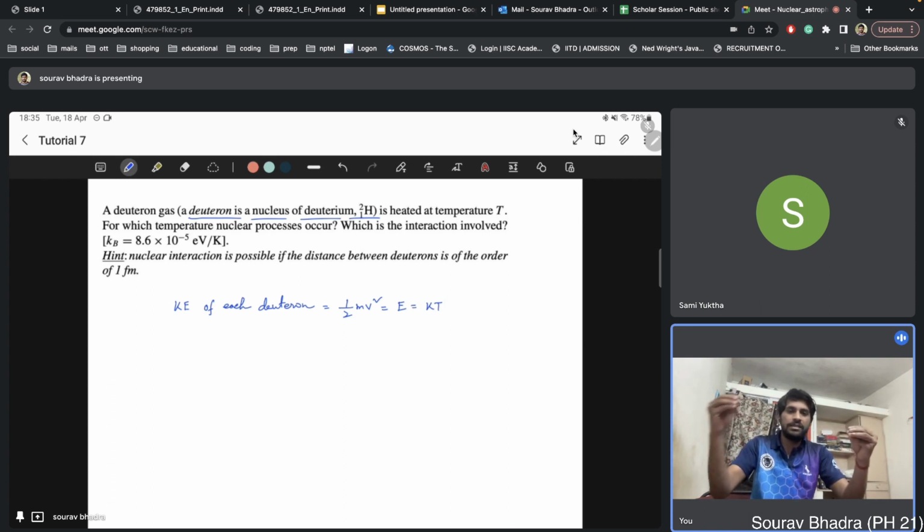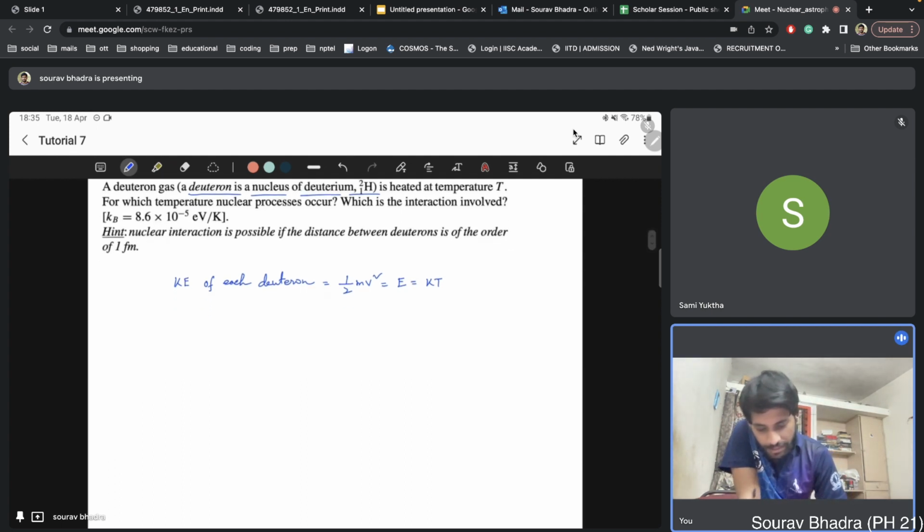But if you are sitting on this deuteron, you will see that the other one is coming towards you with the velocity of 2v. Actually, from the lab frame we are transforming to the frame of the deuteron itself, and it will see the other deuteron coming with the velocity of 2v.